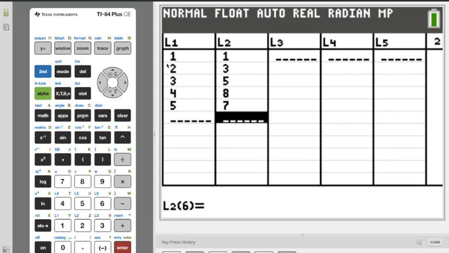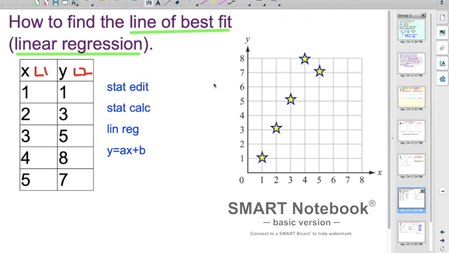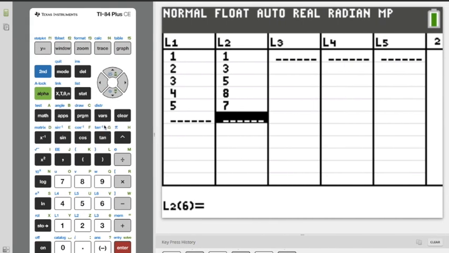I can't just do 1, 8, 5, and 7, and then 3. They have to be in the same order that the table gives it to you, or else it does not work. So exactly as I see it. If you need to pause the video, go ahead. But from there, after you enter those into L1 and L2, you're going to want to hit Stat again.